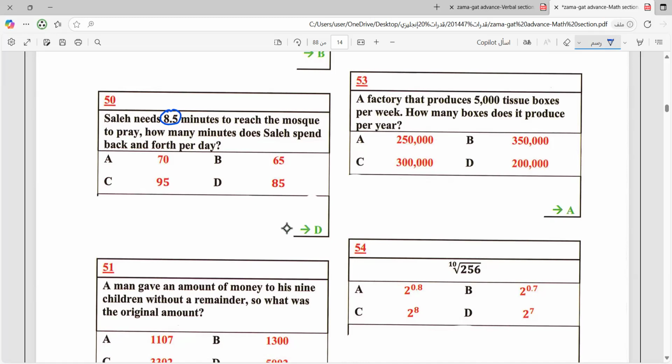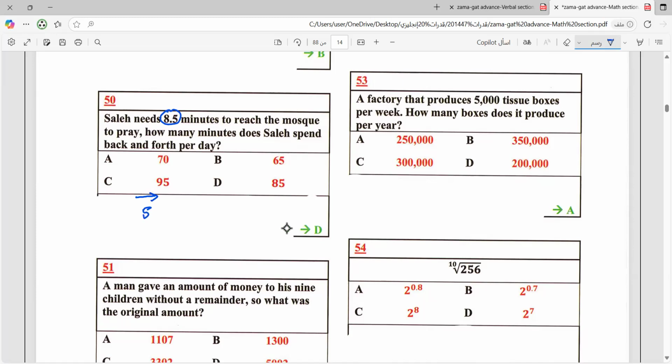So here we have going 5 times, right? Because we have 5 prayers: Fajr, Zuhr, Asr, Maghrib, Isha.